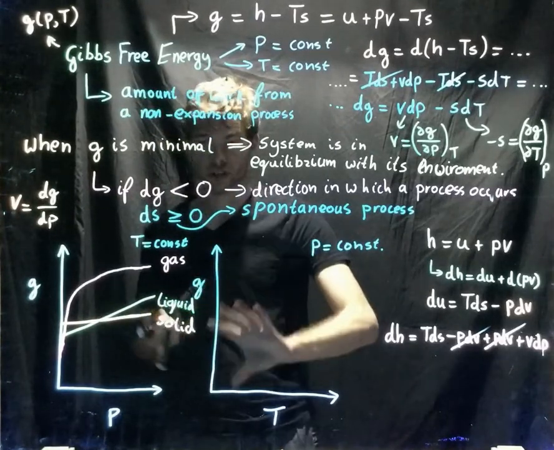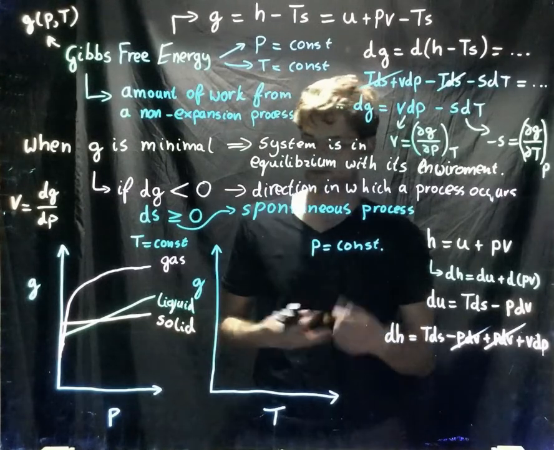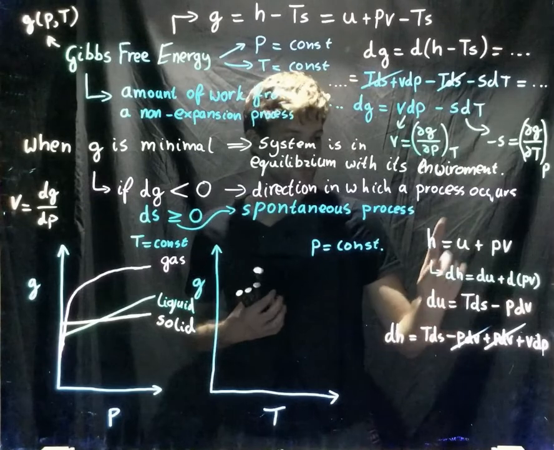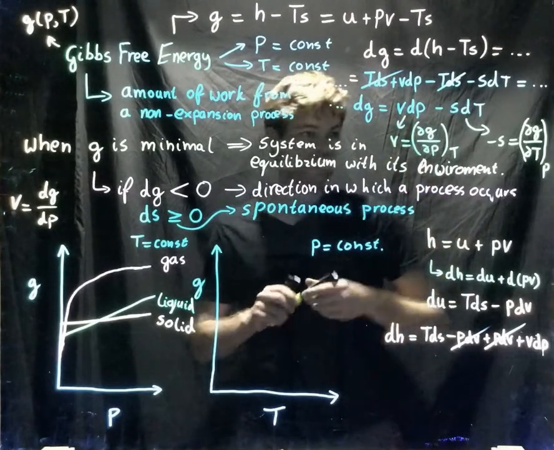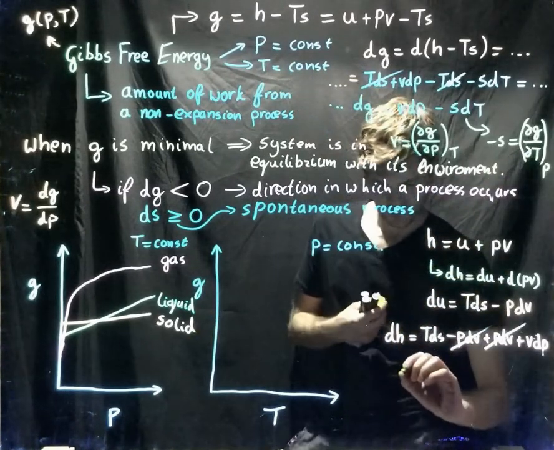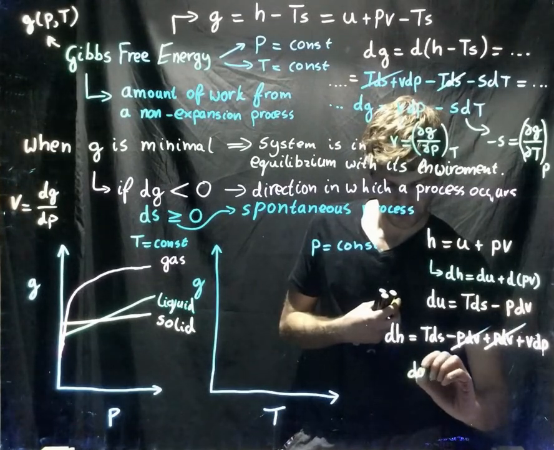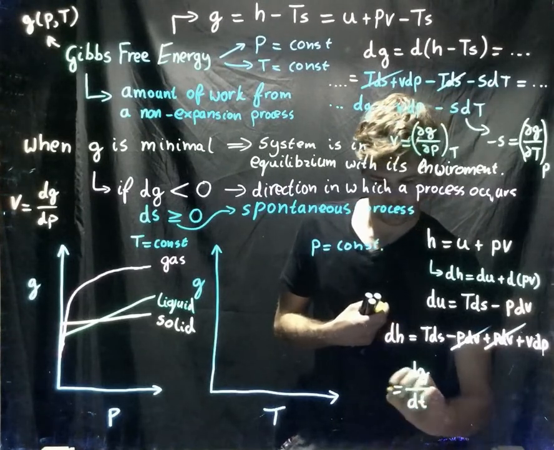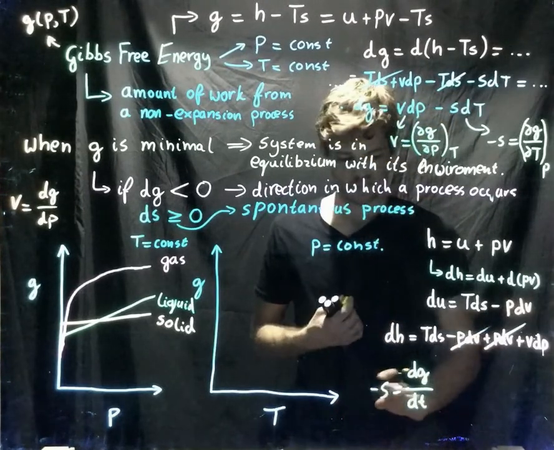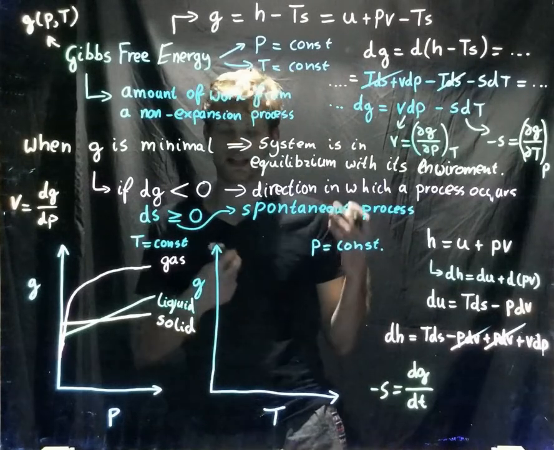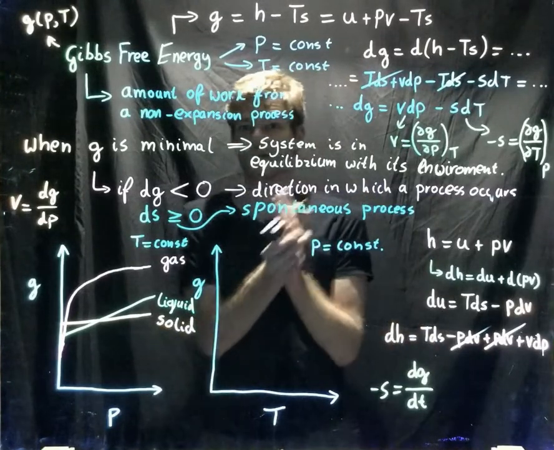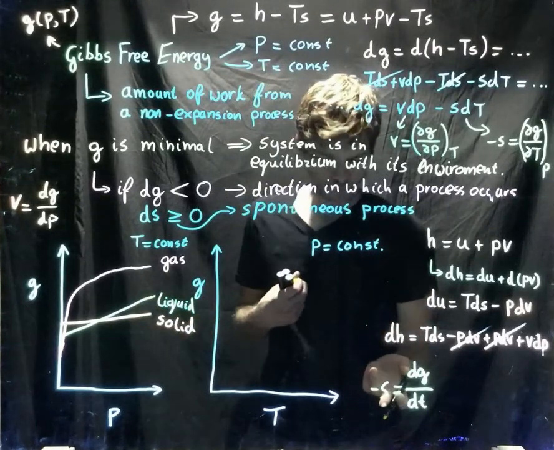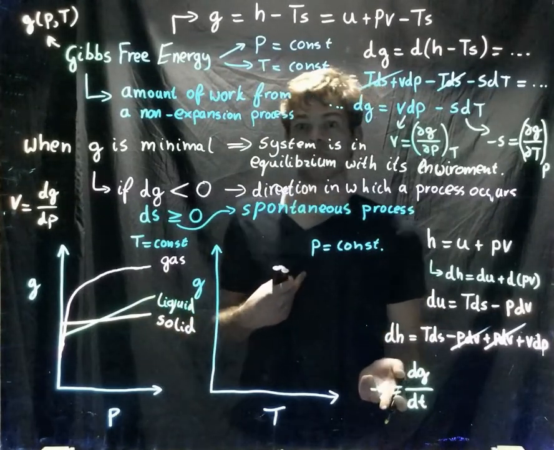So now let's have a look at the Gibbs energy with respect to temperature for a fixed pressure. So from this equation, we can derive that the rate of change of Gibbs free energy with respect to temperature will be equal to minus the entropy. So for a gas, when we have a very low temperature, we know that the entropy will be very low as well.